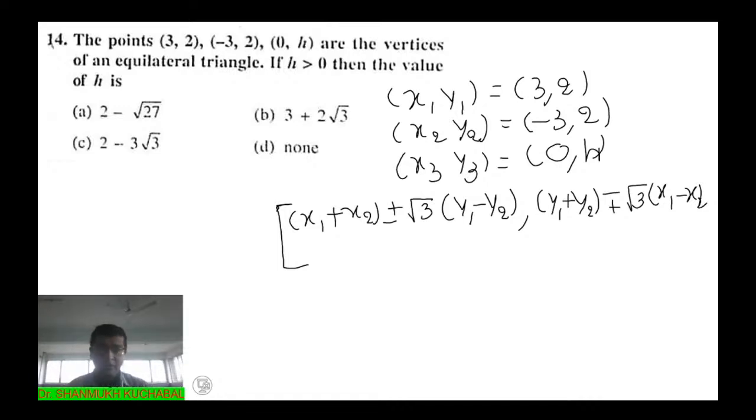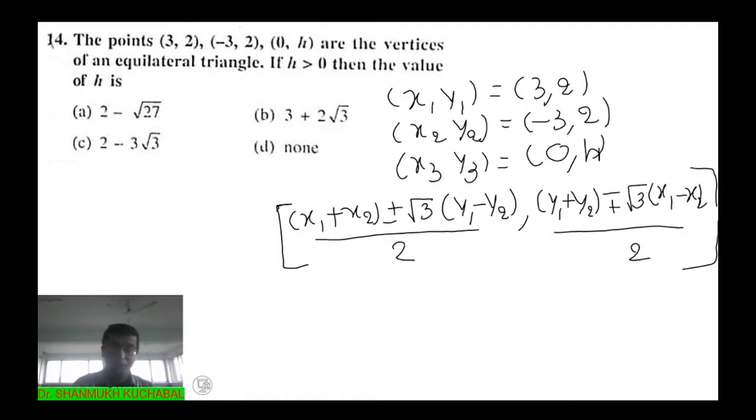So we have to write one more coordinate, that is the second y coordinate. It is given by y1 plus y2 minus or plus root 3 times (x1 minus x2), and the whole divided by 2, and here also it is divided by 2.